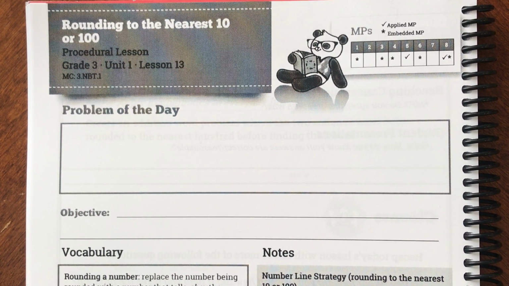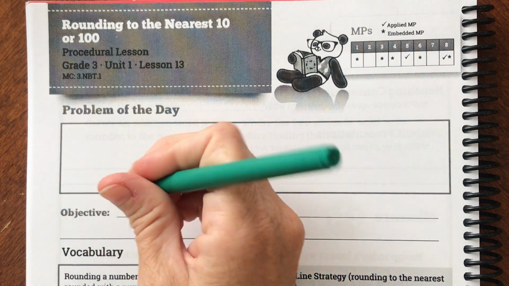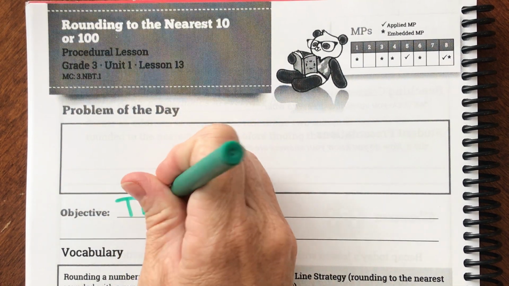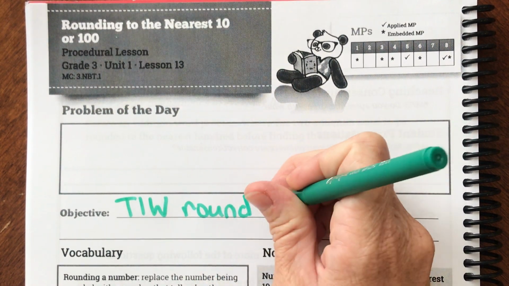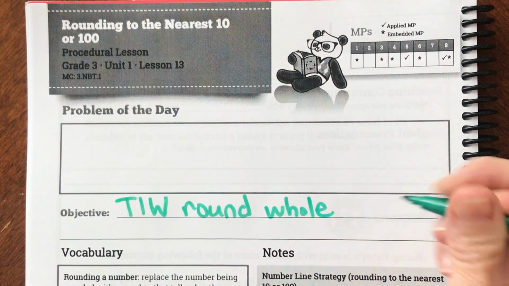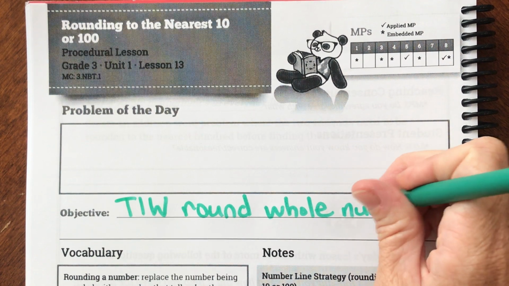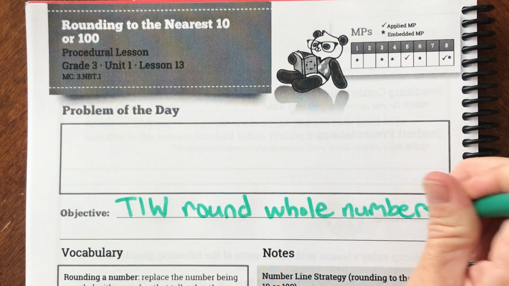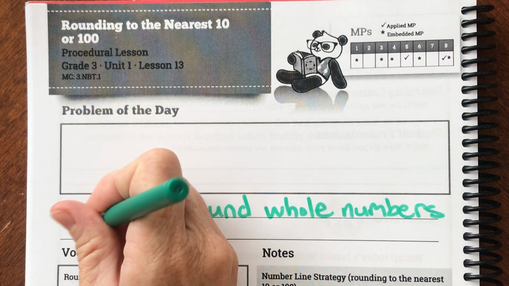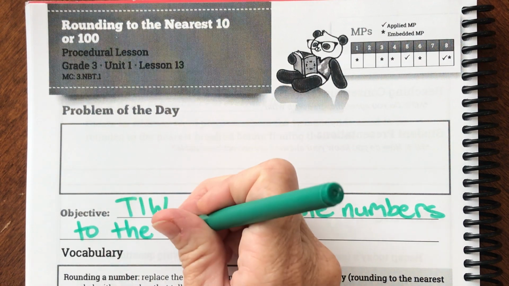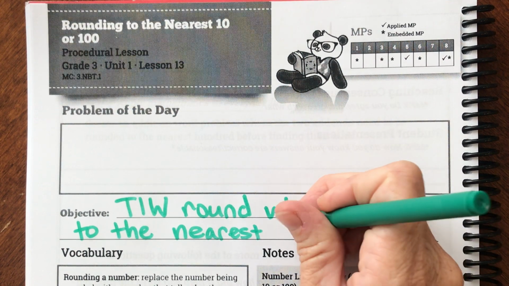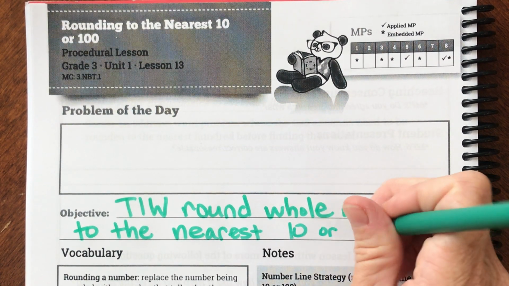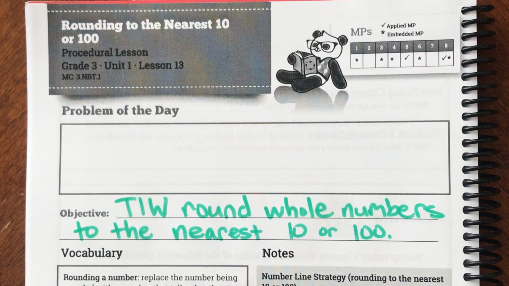And our objective for the day is, today I will round whole numbers to the nearest 10 or 100.